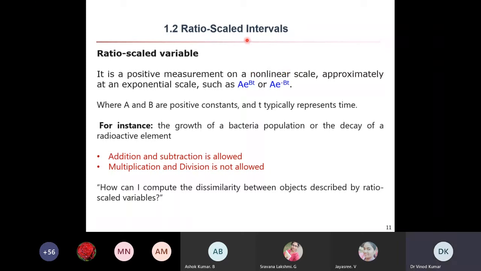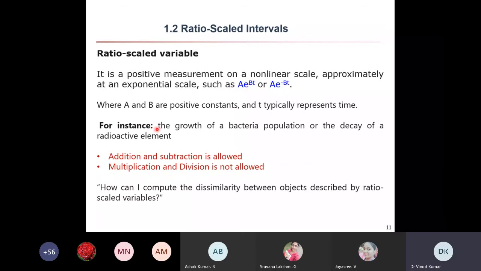In the interval scaled variables, we discussed that the scales are roughly linear. Here the scale is non-linear, approximately an exponential scale, such as a e to the power bt, where a and b are constant values and t is the time. Negative exponents are also possible.